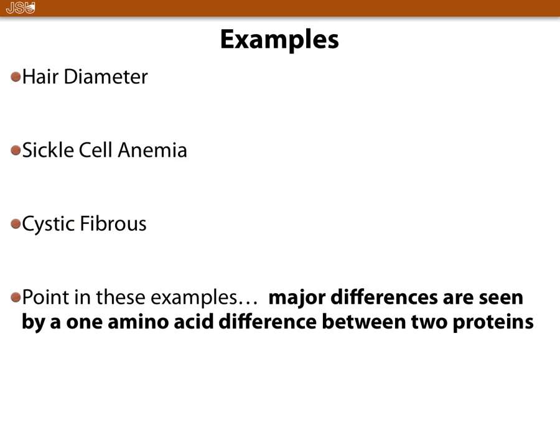That's all it took. One amino acid difference because of one base difference. Notice that in these examples we changed one base. That one base change changed one amino acid. That one amino acid change changed the whole function of the protein and made a discernible, detectable difference.